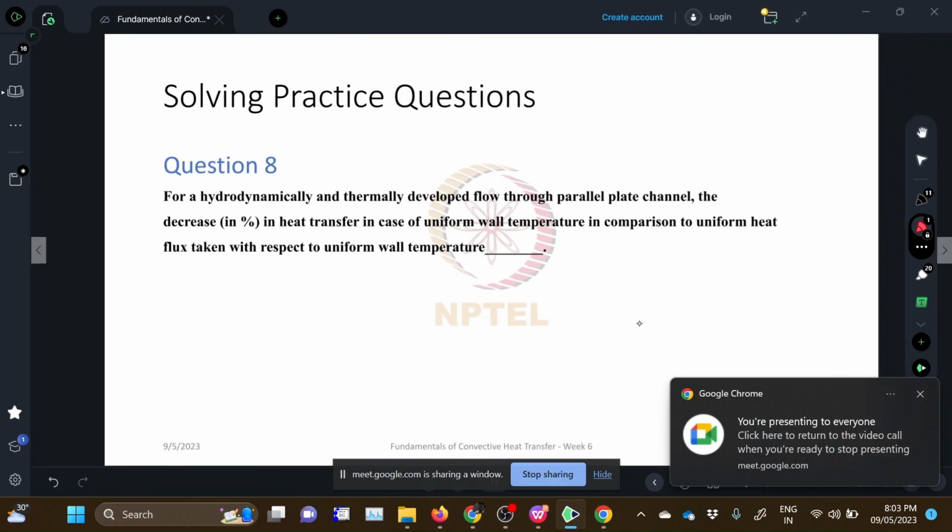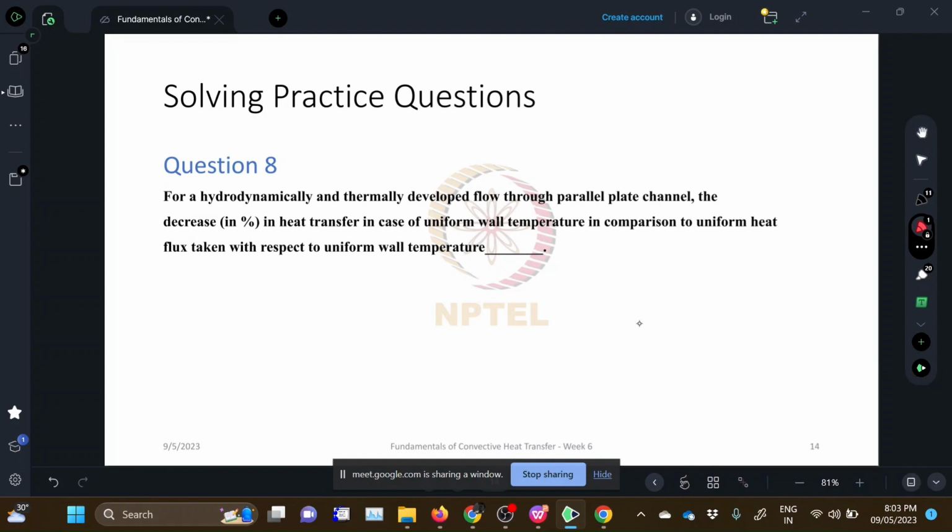We'll move on to question number 8, which is asking us that for a hydrodynamically and thermally developed flow through a parallel plate channel, once again, the decrease in heat transfer in case of uniform wall temperature in comparison to uniform heat flux, taken with respect to uniform heat flux, is what?